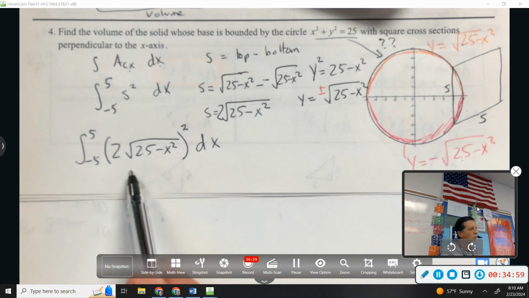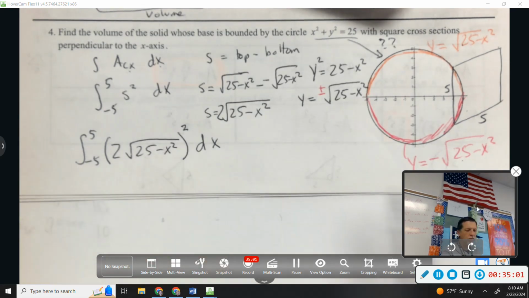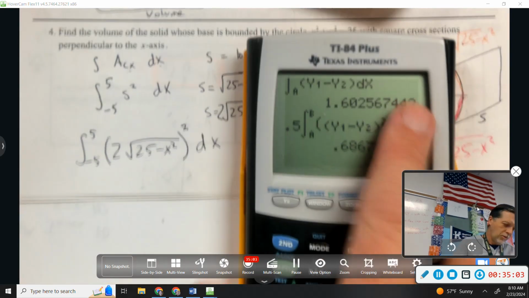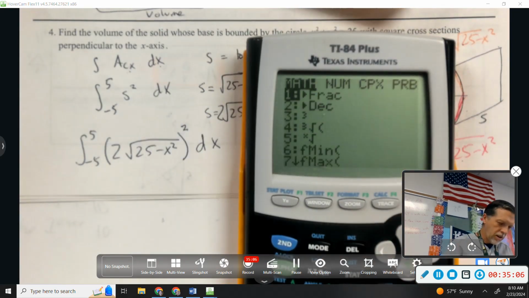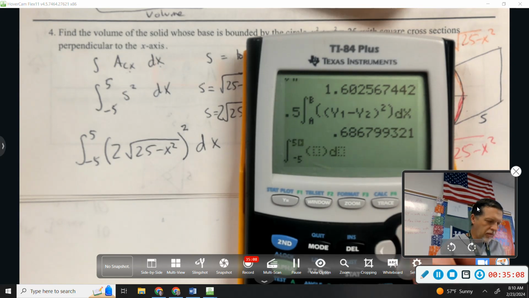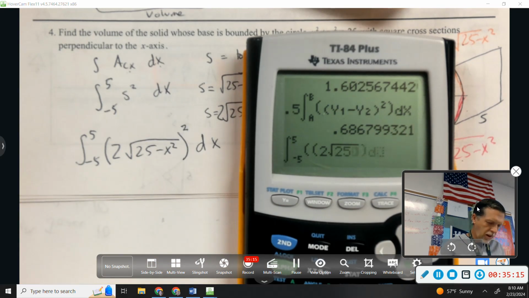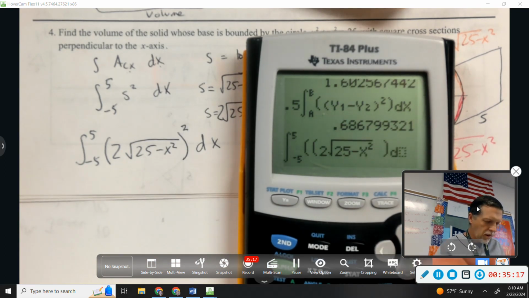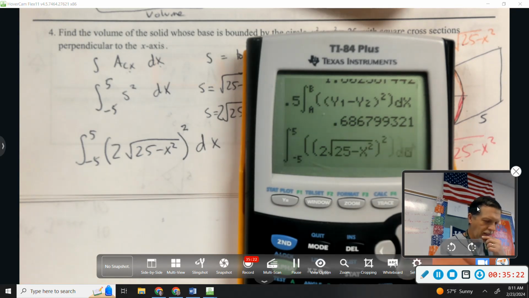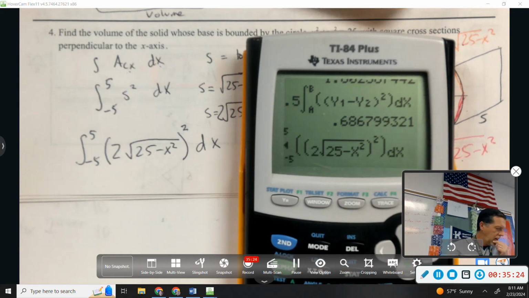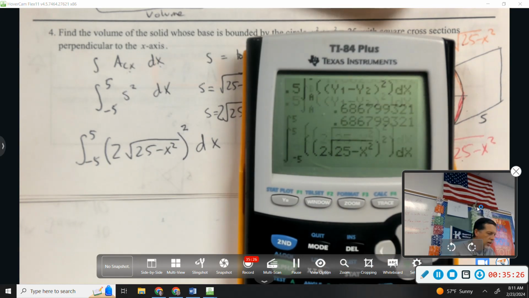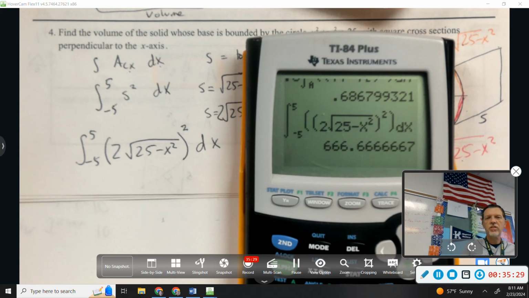I guess you could clean that up before you go to the calculator, right? Because the square and the square root would cancel each other out. 2 squared is 4, but who cares? Let the calculator do the work. -5 to 5. Open parentheses. 2 square root 25 minus x squared. Close parentheses. Square all of that. dx. 666.666666666.